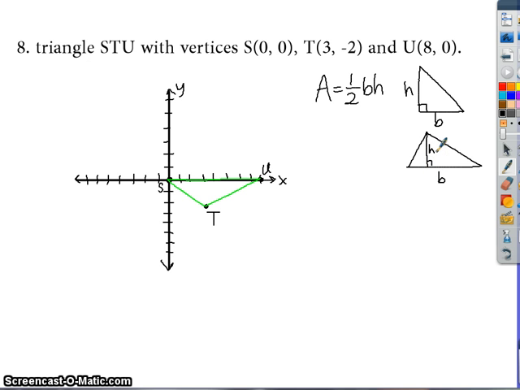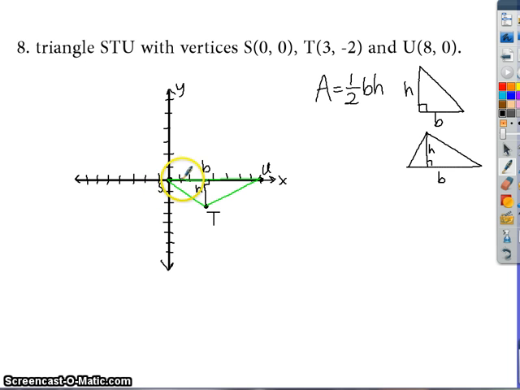So we may have to find that, or in this case, we're going to have to count it out. So if we use SU as our base, that would mean that the height is right here. So that's why it was helpful to graph this out so that we can get a visual of what this looks like, because using the distance formula isn't going to get us there in this particular one.